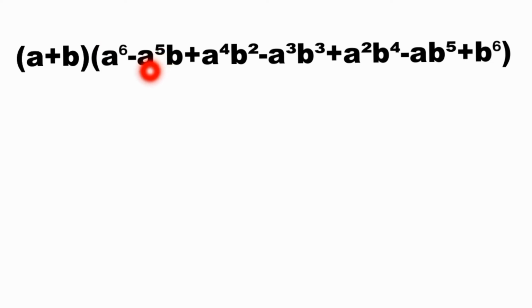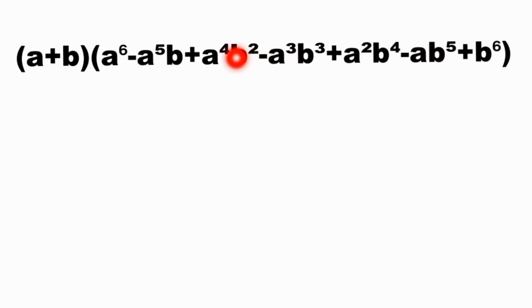Next is minus a to the power of 5 b, plus, alternating, plus a to the power of 4 b squared, and this is minus a to the power of 3 b cubed. This is descending from 6, 5, 4, 3, 2, 1 for the power of a.